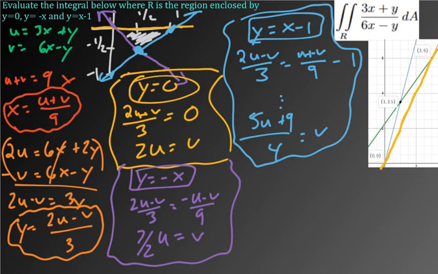And then 7/2 u equals v is this one. And the last one here, this green one, is actually the blue one. So what this has done for us is it gives us a region that we can then use for bounds for u and v, which is going to be important.